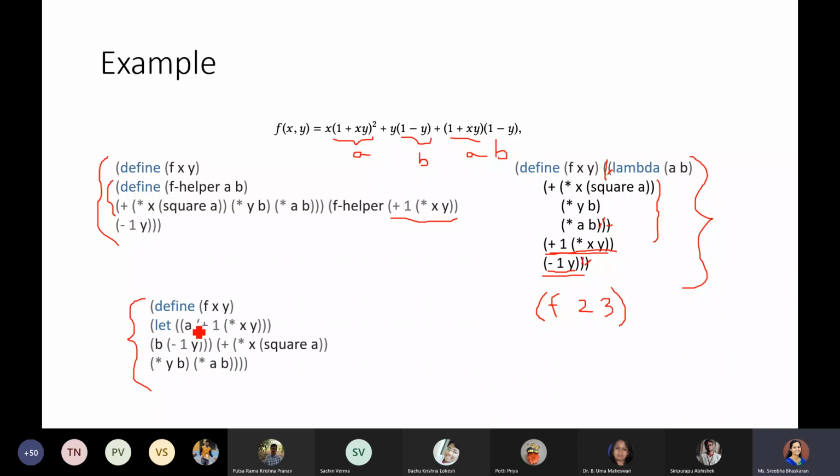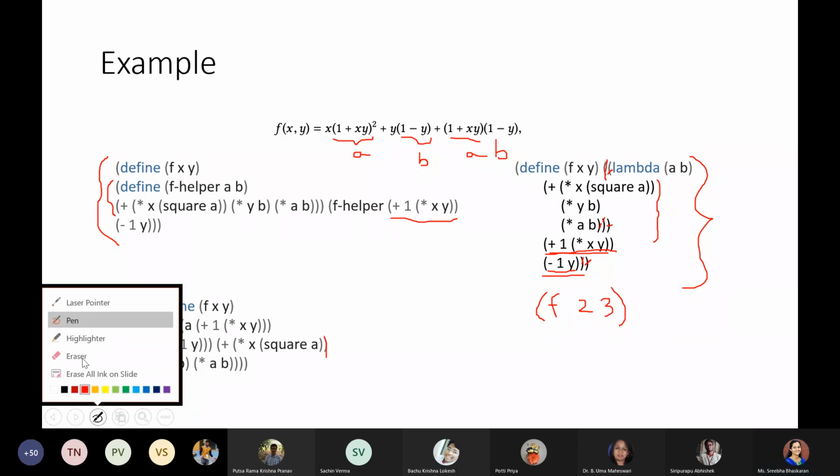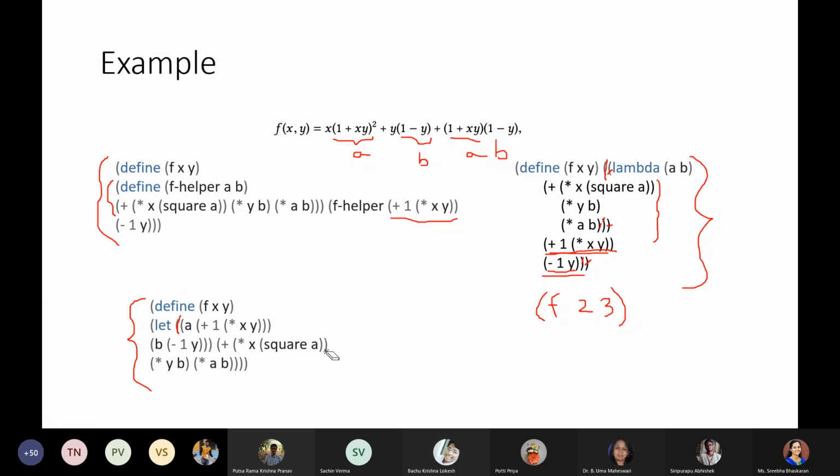So let, if you see the syntax part, let first, this bracket will be for assignment of all the arguments. So assignment of B. So A is this one, closing of A parameter. B we have closed here and this bracket we have closed here.